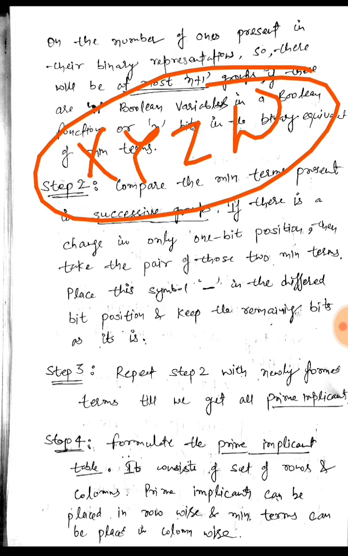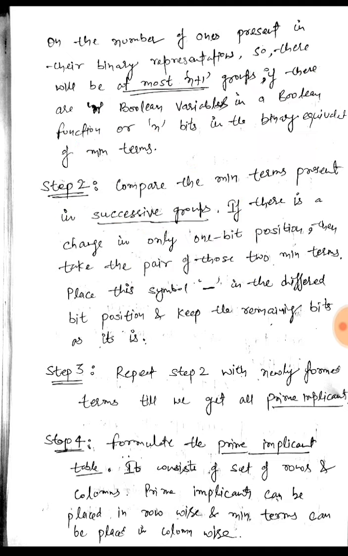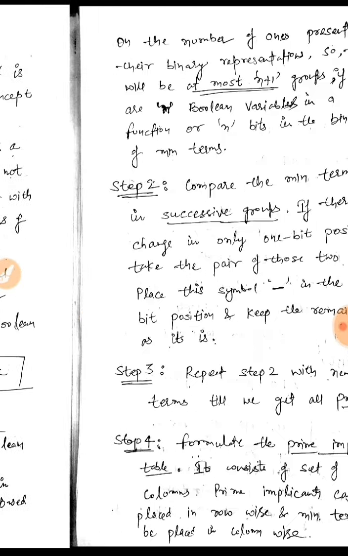Then I would have a maximum of 5 groups to arrange all our minterms. Step second is to compare the minterms present in successive groups. We will see later in an example where we can understand it easily. So first let's go through these steps.